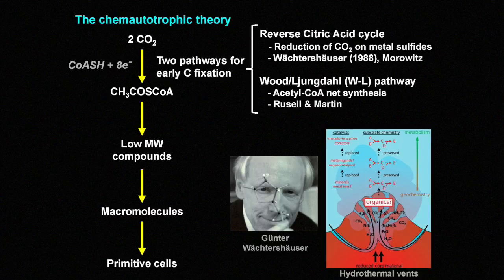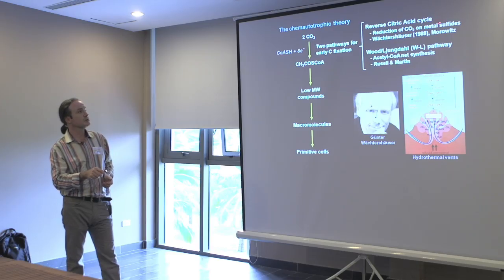It's also important, I don't have time to explain everything, fortunately for you, but it's also interesting another model for the origin of life called the chemautotrophic theory. In this model, there are two pathways for early carbon fixation that at the end go to primitive cells. The first is the reverse citric acid cycle, so the reduction of CO2 on metal sulfides.